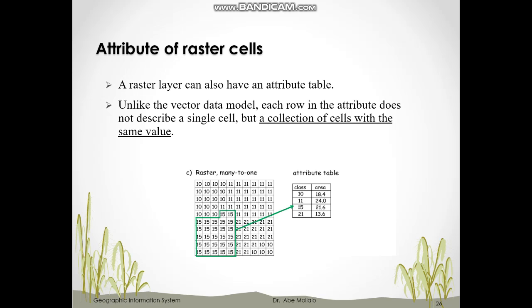For example, here all of the cells are 15, so there is going to be just one record with the value of 15, and we also have another field with area, which is the total area with the value of 15. So it is not only one cell, but a collection of cells with the same value. That's one row in the attribute table. That's another difference between the raster and vector data model.